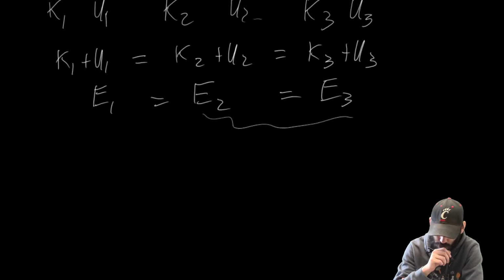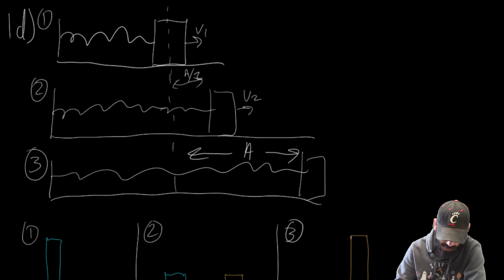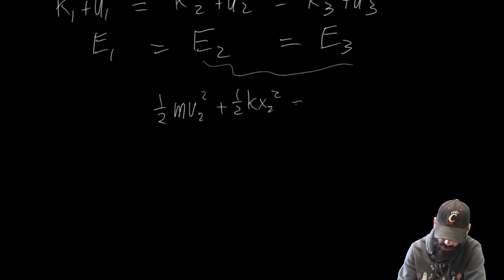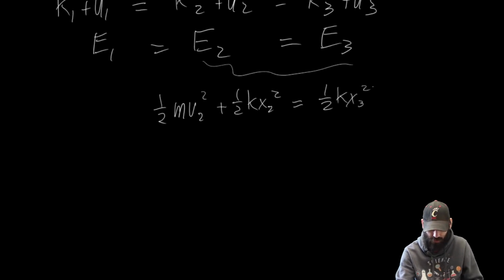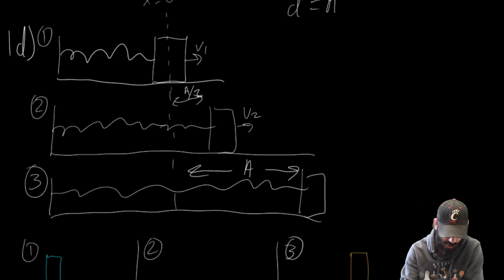When I do that, what I end up seeing is that 1/2 m v2 squared plus 1/2 k x2 squared is going to be equal to 1/2 k x3 squared. But here we know what x2 and x3 are.